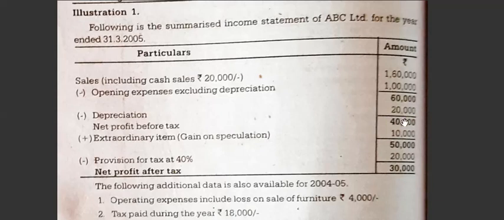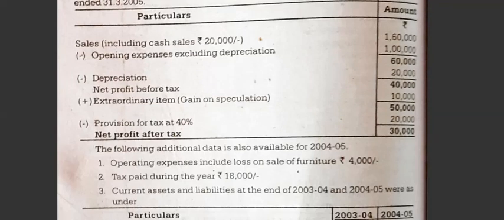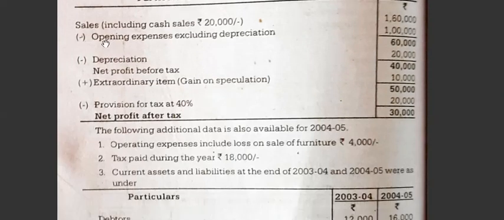Net profit before tax 40,000, add extraordinary items 10,000, provision for taxation 20,000, profit after tax 30,000. Other information: operating expenses include loss on sale of furniture of 4,000, which is a non-operating expense. Tax paid during the year is 18,000.